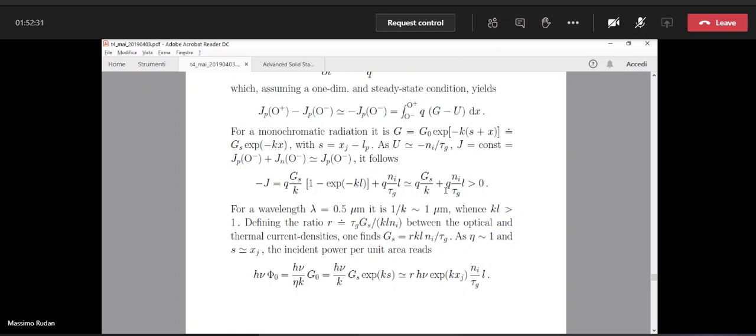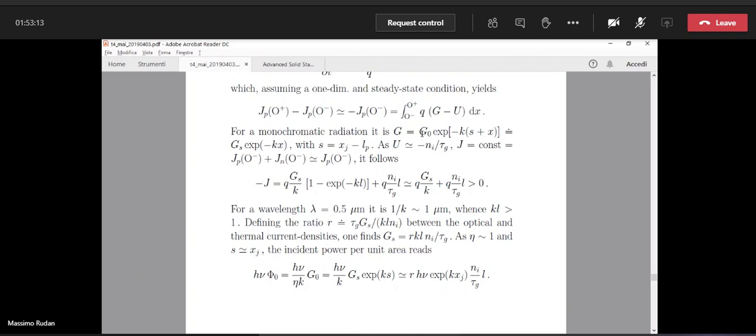Now, in practical situations, if the semiconductor is very good, that is, there are not so many defects in the semiconductor, then tau G is large. So this fraction is expected to be small. And if there is enough illumination, Gs, you remember, is proportional to G0, and G0, you remember, is the flux at the surface of the semiconductor, immediately inside the semiconductor surface.